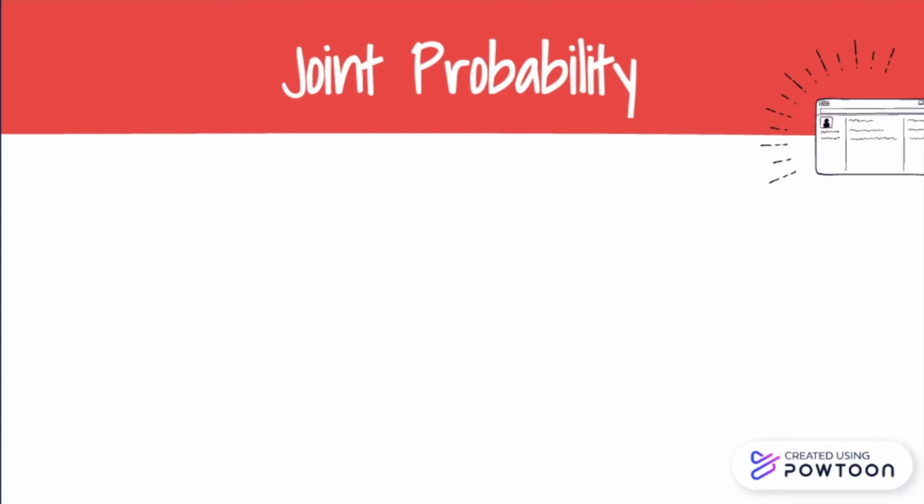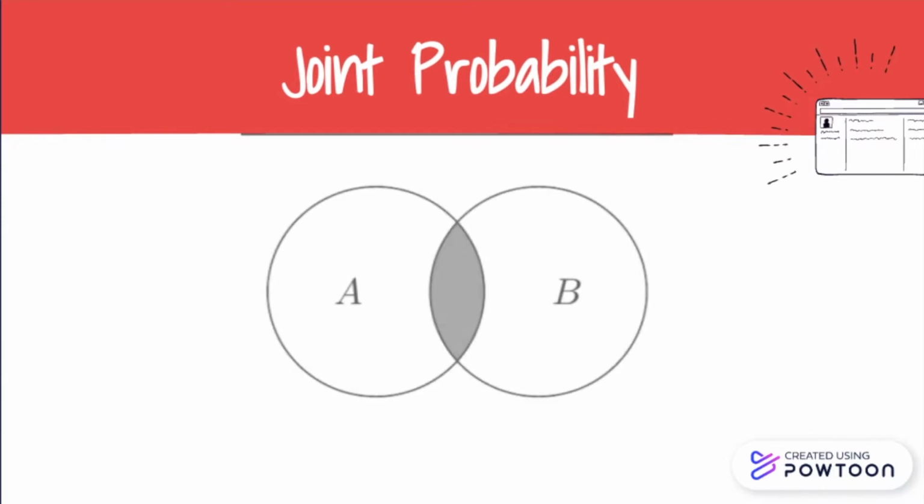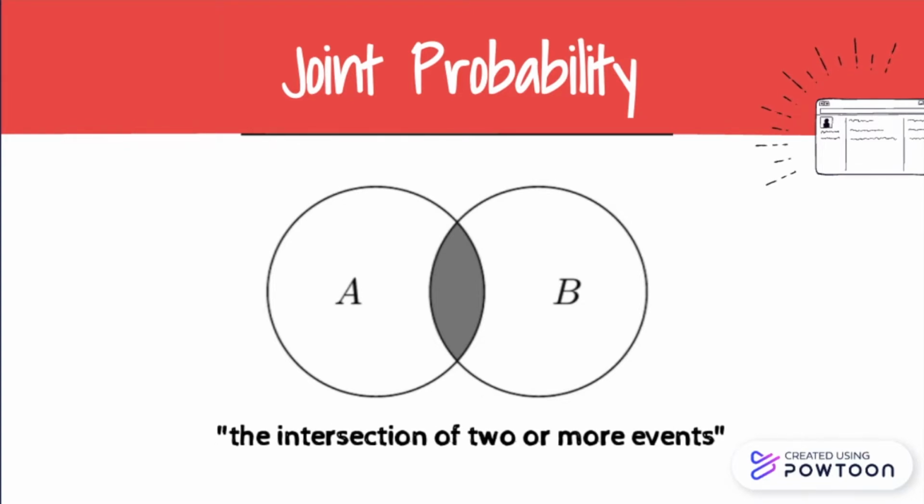For example, in this Venn diagram, the joint probability is where both circles overlap each other. As you can see, where both circles overlap is in the middle of the events A and B, and that is the joint probability, called the intersection of two or more events.